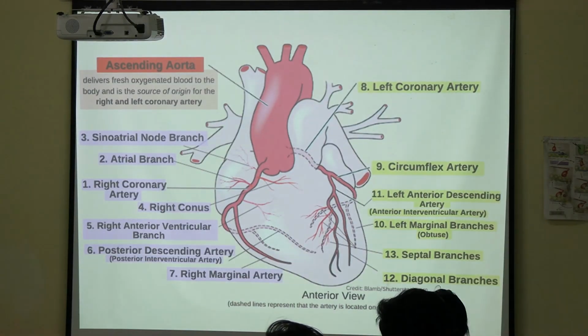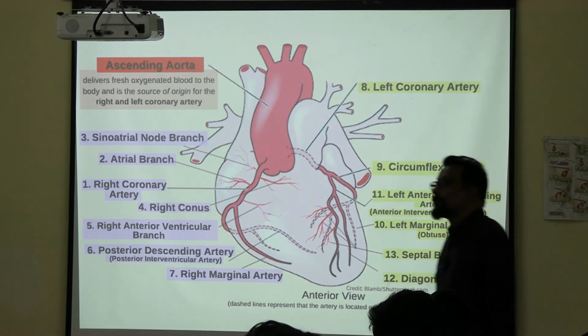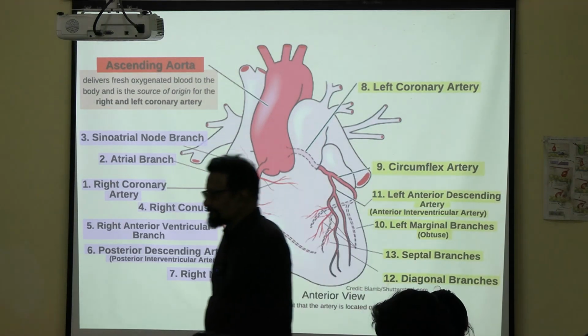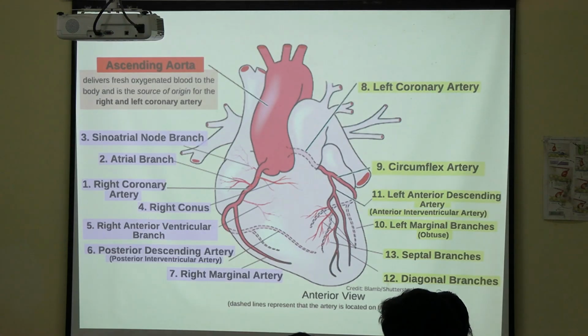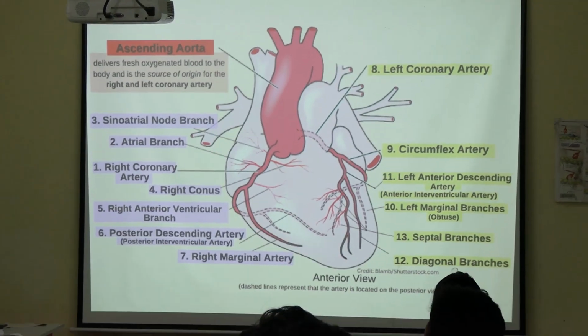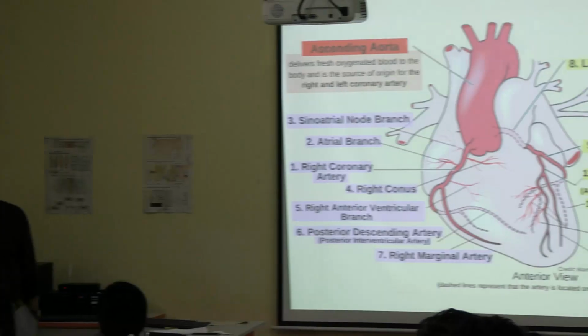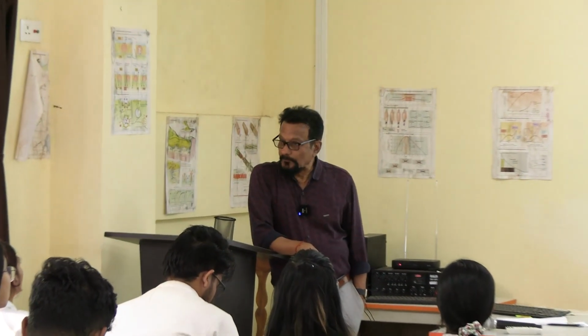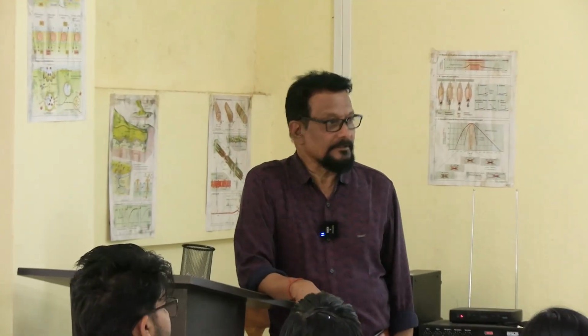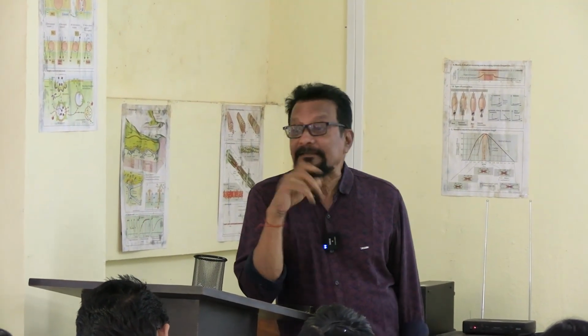Most of the blockages we find when we go for angiography. First, you will find some patient is having hypertension. Next you have to know why this hypertension. What is the reason? Are there any peripheral obstructions?